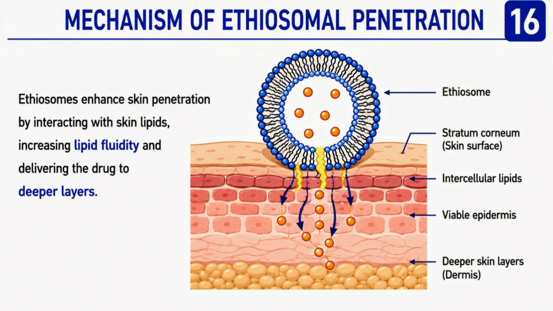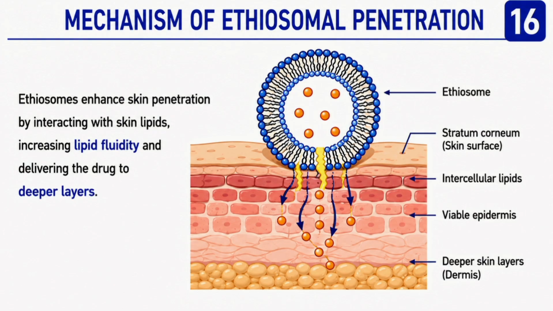Third, the flexible vesicles can deform and pass through the narrow intercellular pathways here. Fourth, the concentration gradient generated by the formulation promotes the drug movements into the skin. So rather than relying on only one mechanism, ethosomal delivery involves a combination of the ethanol induced skin modification here. So the vesicle flexibility and enhanced drug transport.